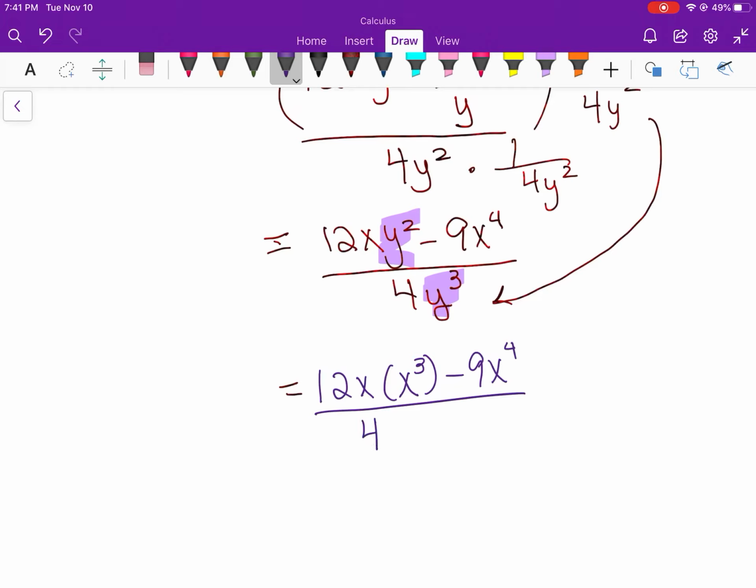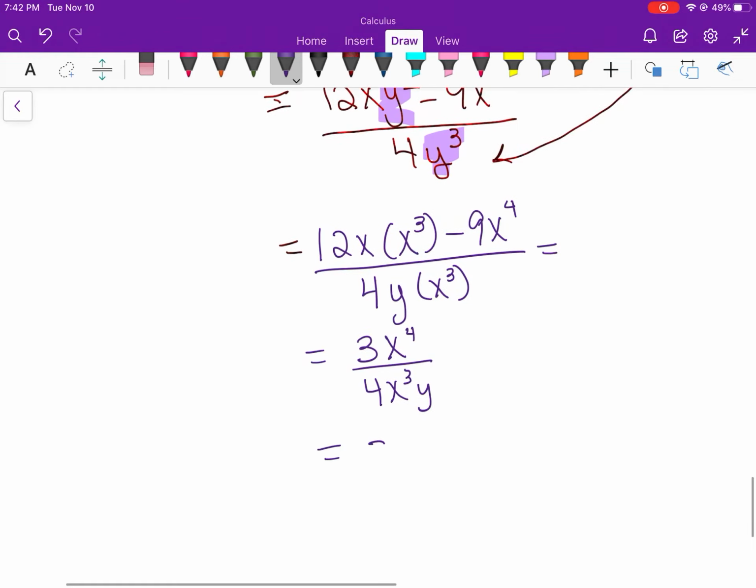Y to the third is y and y squared, but y squared is x to the third. And then I'll have 12x to the fourth, minus 9x to the fourth, and then clean it up one more step. And I will have my second derivative.